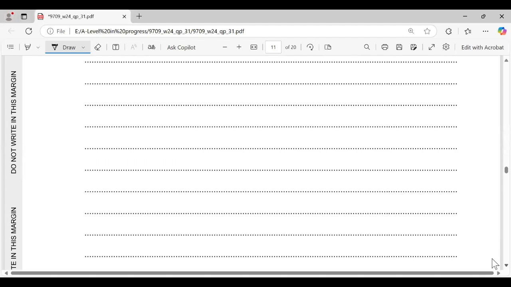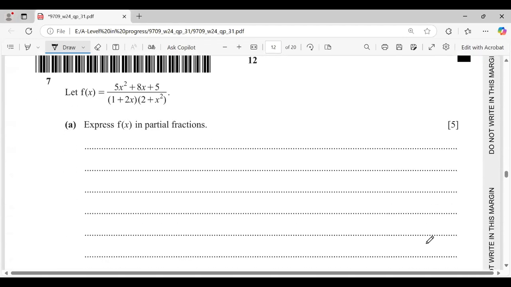Next question. Number 7. Let f(x) equal this fraction, express f(x) in partial fractions. Okay, so (5x squared plus 8x plus 5) over (1 plus 2x)(2 plus x squared).